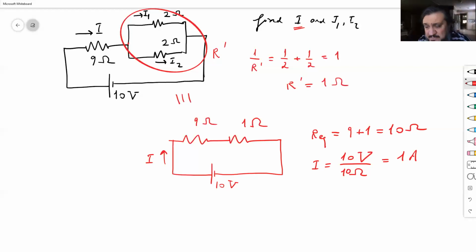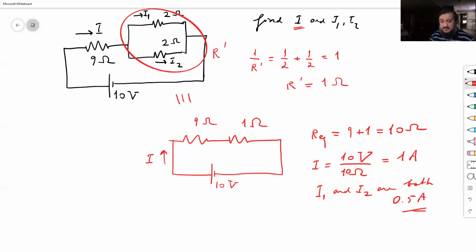Now, in this problem, since both branches carry the same resistance, they're both 2 ohms, the current exactly splits in half. So 0.5 amp from one side, 0.5 amp from the other. So I1 and I2 are both equal to 0.5 amps.